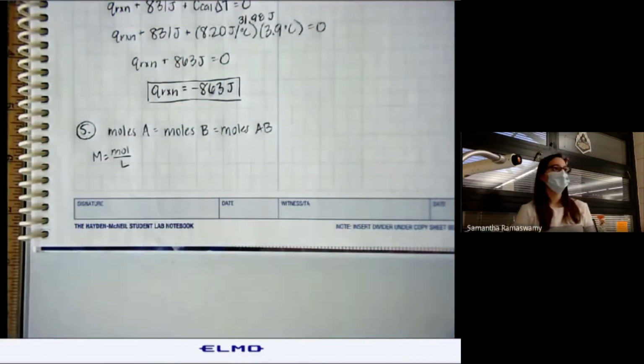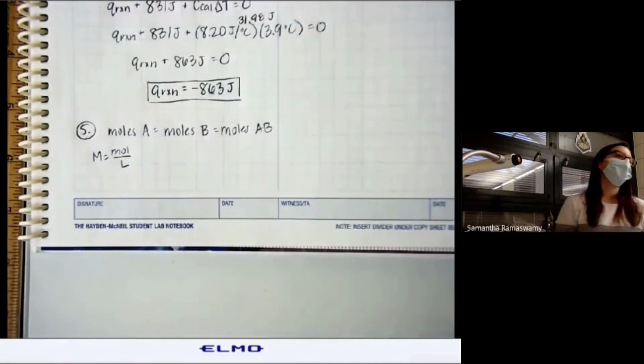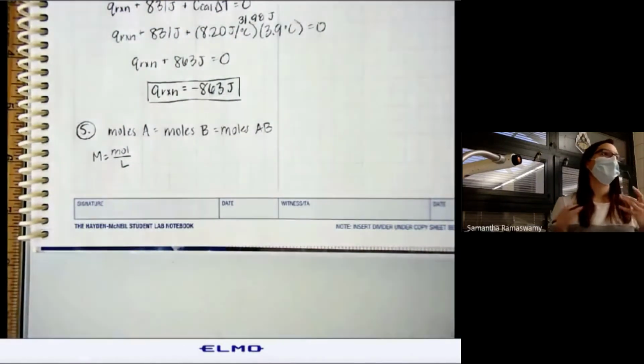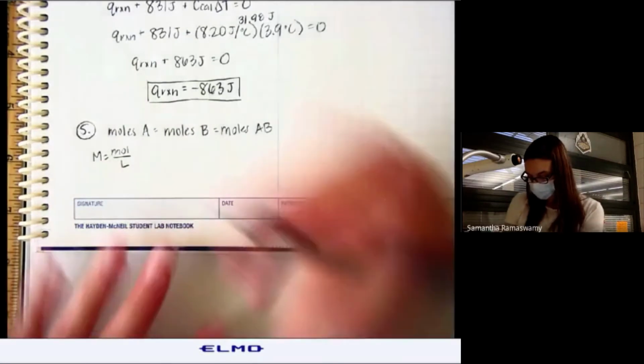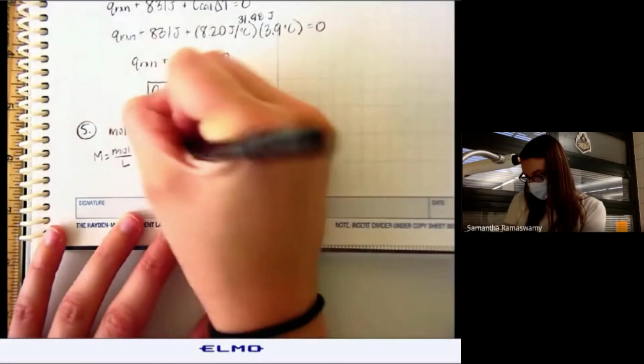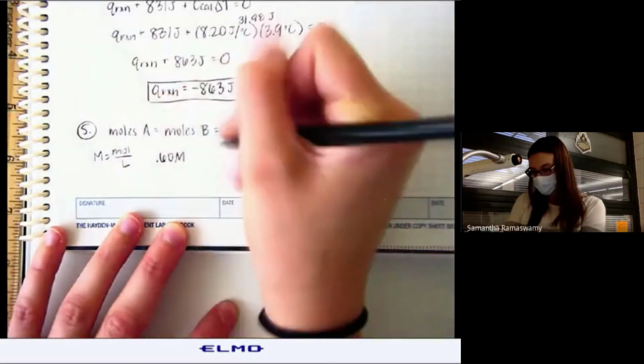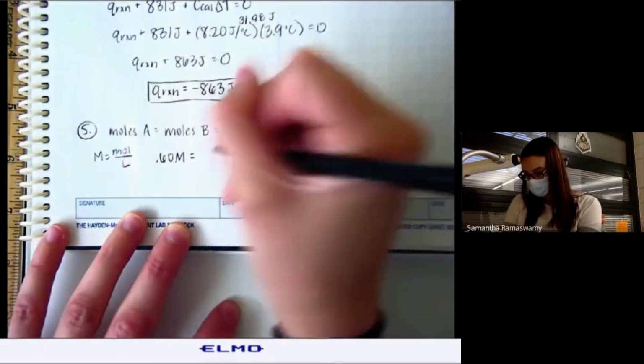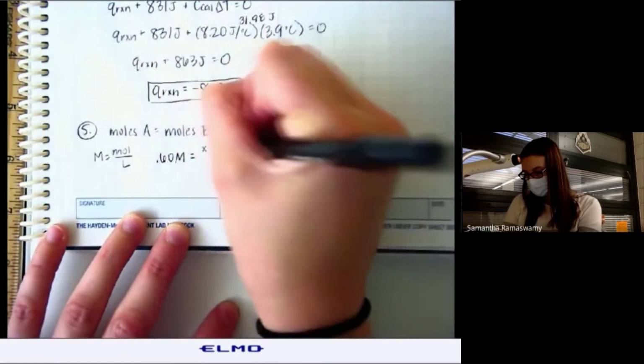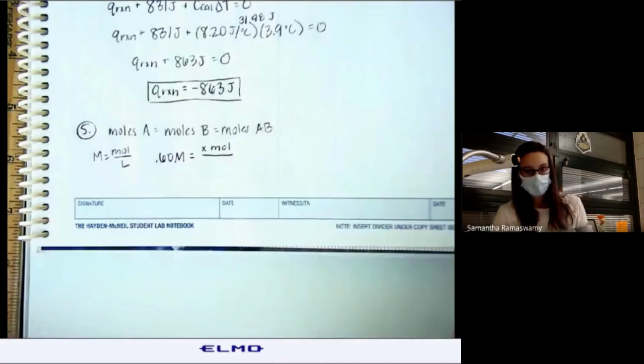Molarity is moles over liters. It doesn't matter which solution I pick. They're the same. Both of them had a molarity of 0.60 molar. That's X moles. We need liters.